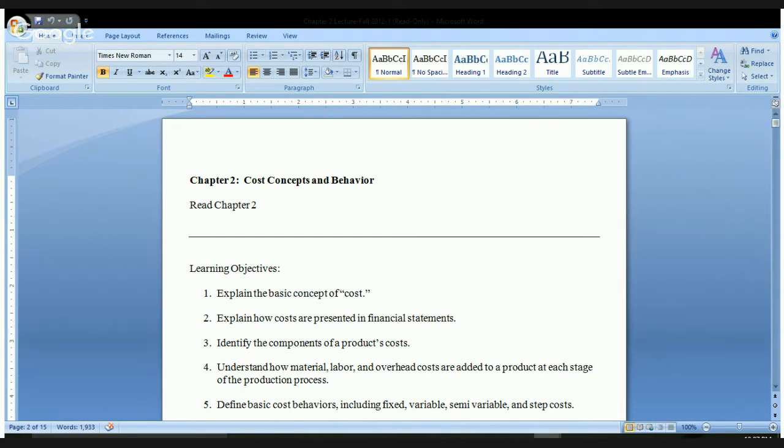Now, with product costs, we have two different types: the direct material costs and the direct labor costs. So, what are those two things? The direct material costs are the costs that can be directly identified to the product at a reasonable cost. So it would be the door to the BMW, the tire to the BMW.